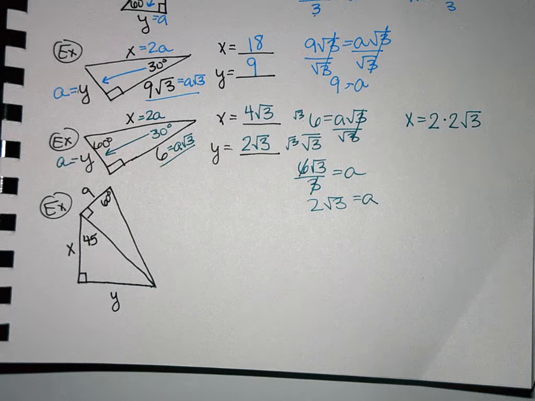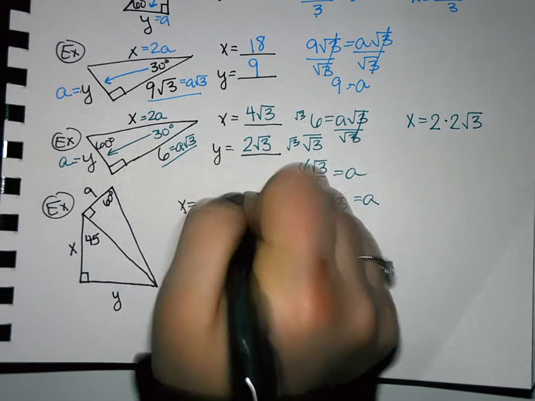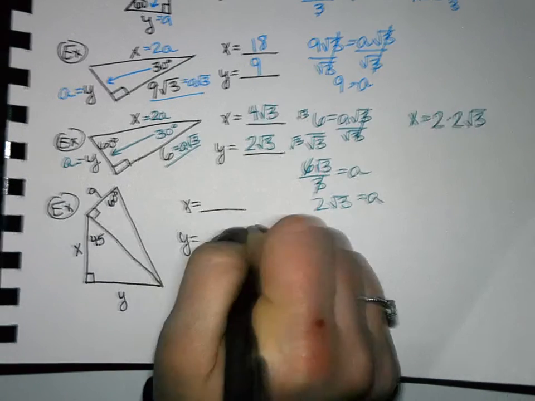It's a 2-in-1. 2 triangles and 1 picture. So what do we do? We're still trying to find x and y. That's the goal. So we're still trying to find out what is x and what is y.